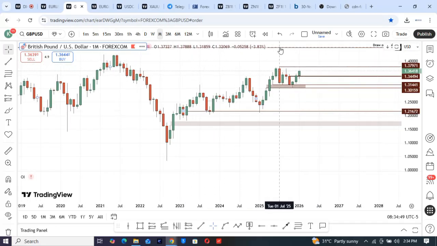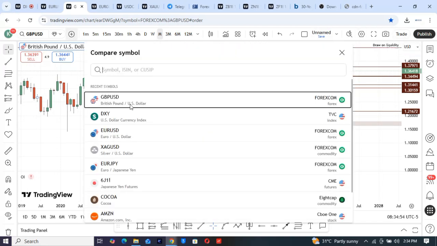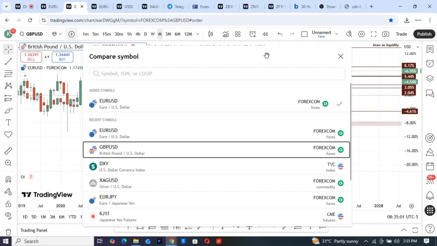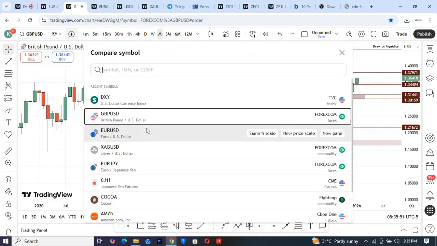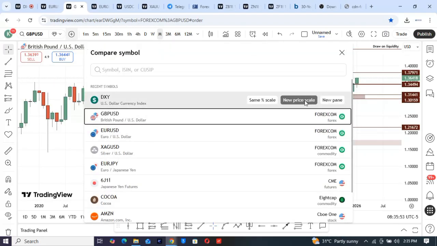We'll bring in the euro. Let's use some scale, the Dixie price scale.